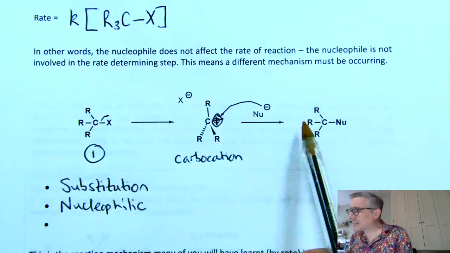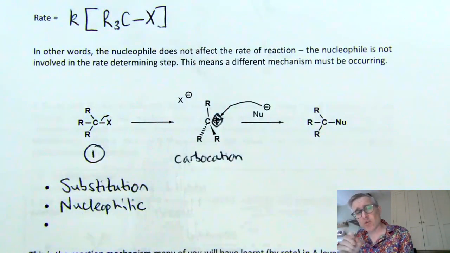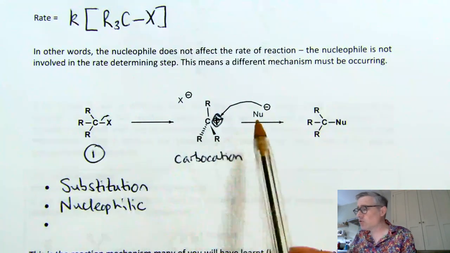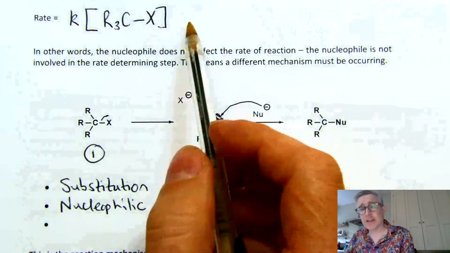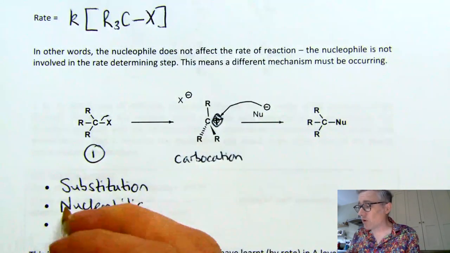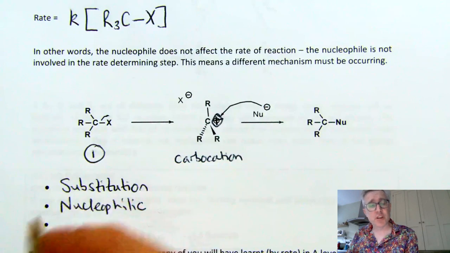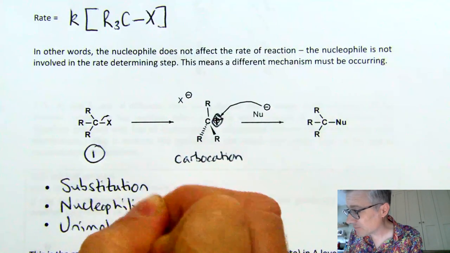However, the nucleophile attacks in the second step, not the first slow step of the reaction. So not in the rate determining step. That's why it doesn't appear in the rate equation.